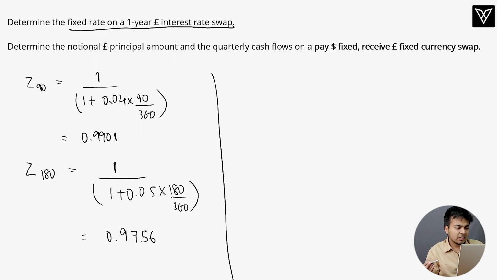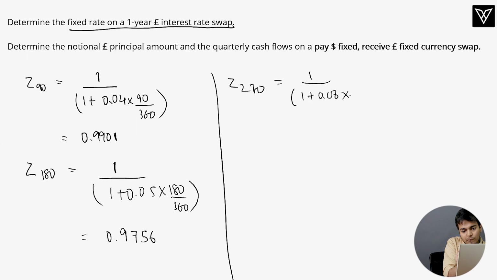Those who have calculated it can simply move the video forward and start doing the other things. So Z for 270 days in GBP terms would be 1 upon 1 plus 0.06 into 270 upon 360, that is 1 upon 1 plus 270 divided by 360 into 0.06, which gives 0.9569.